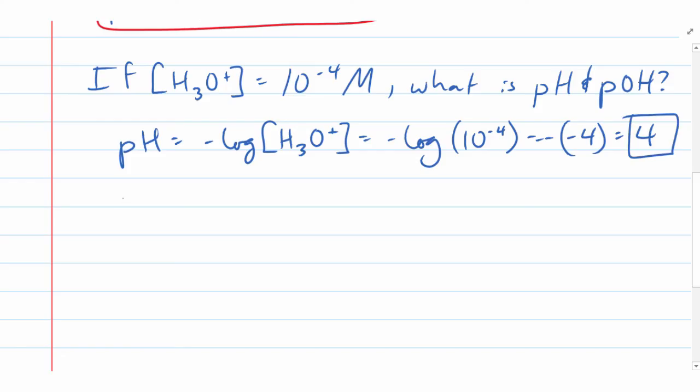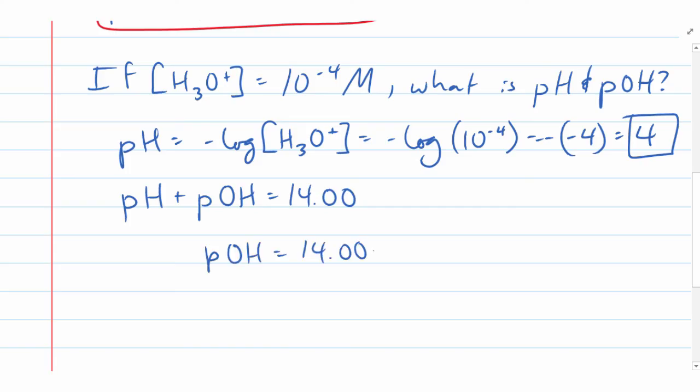But if we want to find the pOH, we then have to recall that the sum of the pH and the pOH always sum to be 14.00. So that means if we want the pOH, we're going to subtract the pH from each side. So we take 14.00 minus the pH, which in this case would be 14.00 minus 4.